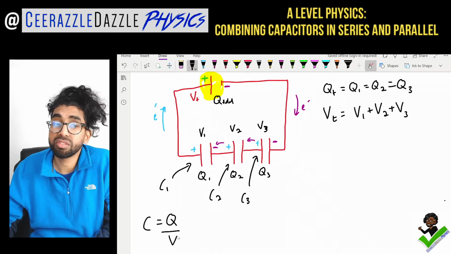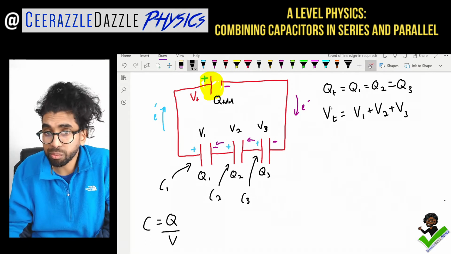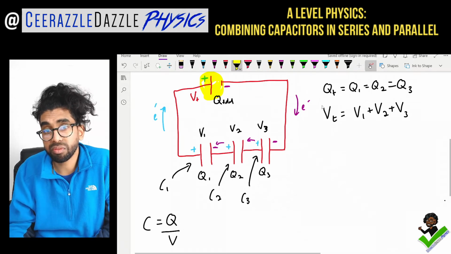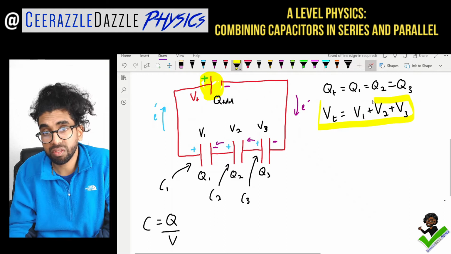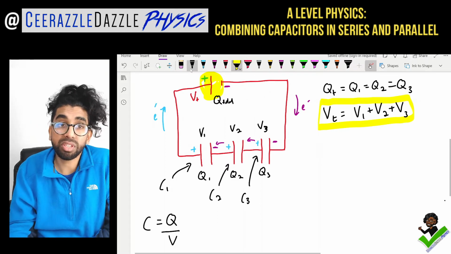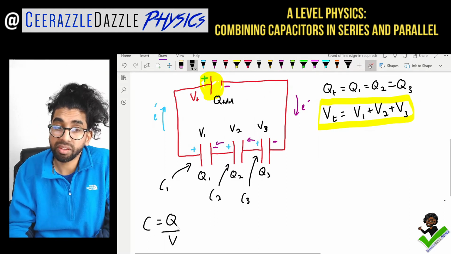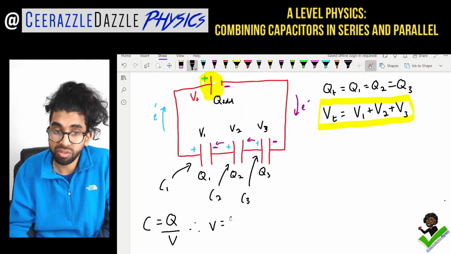Happy with this? I'm now going to replace this equation at the top using that formula. Rearranging this formula, we know that V is equal to Q divided by C.